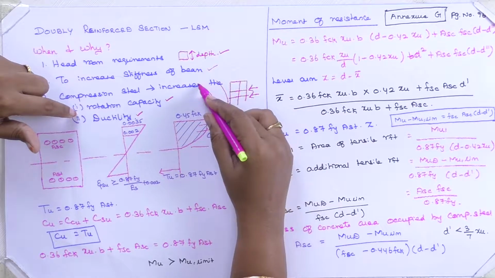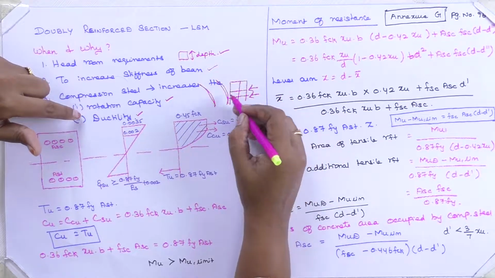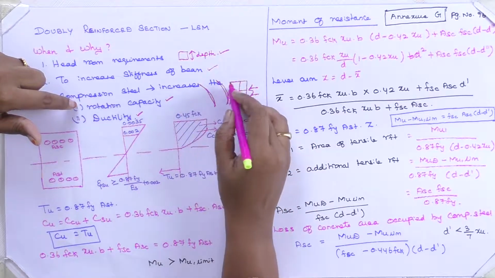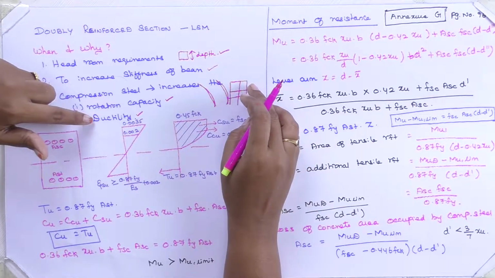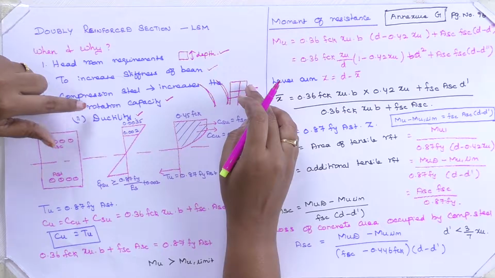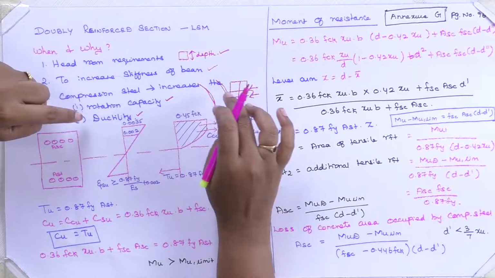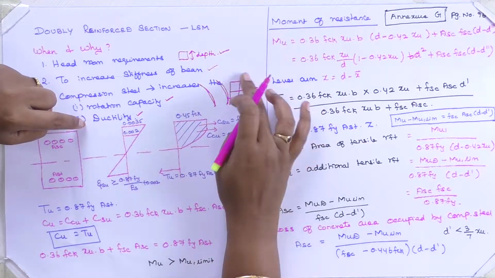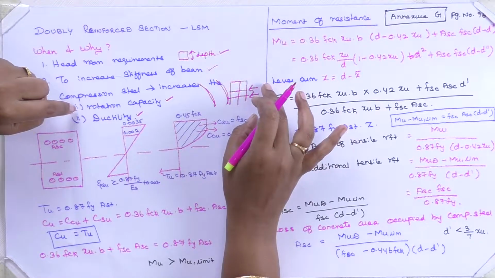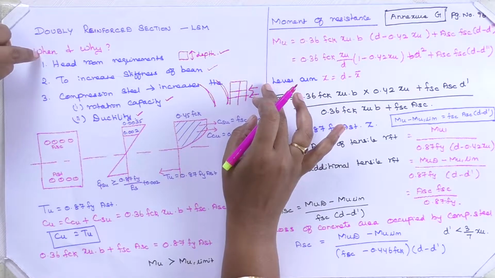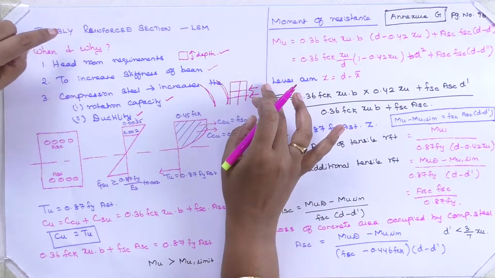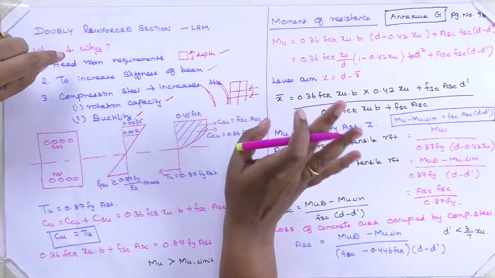Or else, my ductility is ensured by providing compression steel. So, the ductility can be enhanced by means of compression steel, so that my structure will be safe under lateral loading conditions. This is question 1: when and why I am using a doubly reinforced section.